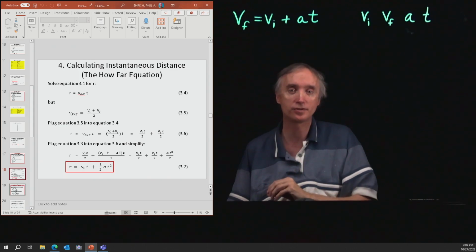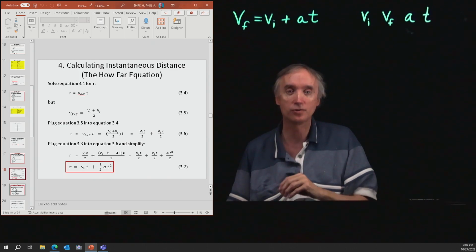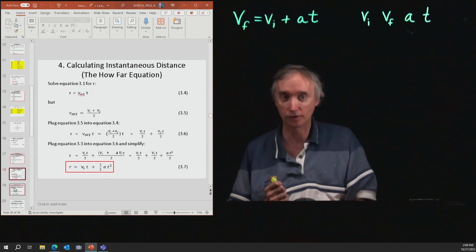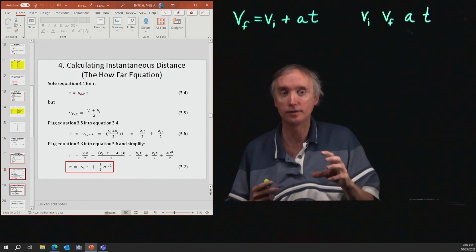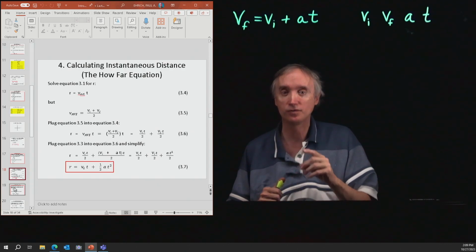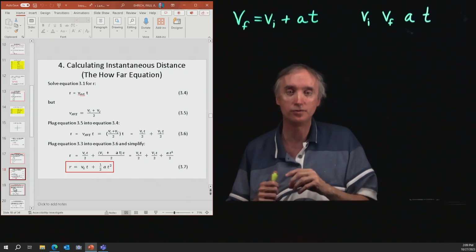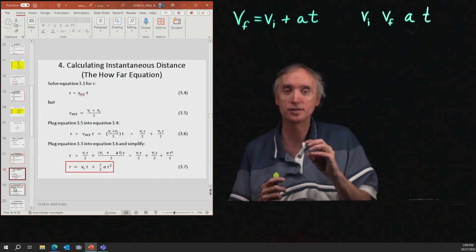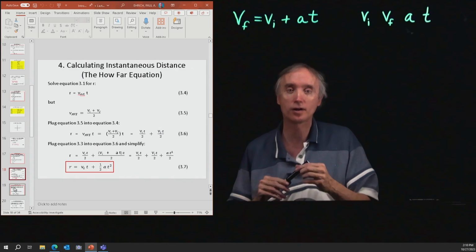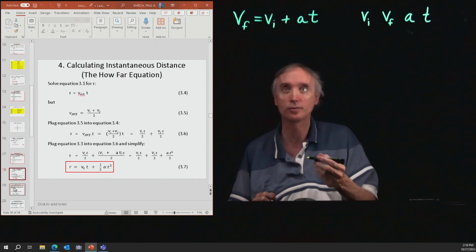There's the derivation above that shows where the formula is coming from. That's the algebraic way of deriving the formula. This formula can also be derived using calculus, but we're only using algebra in this class.